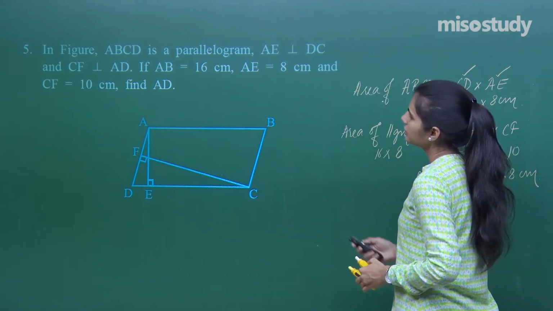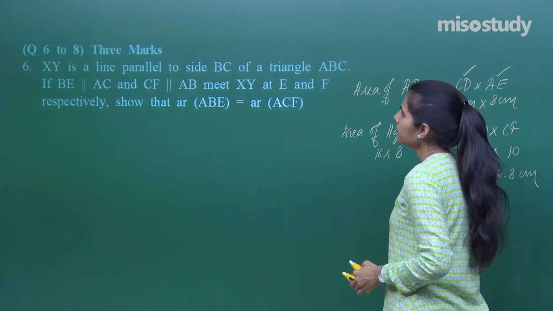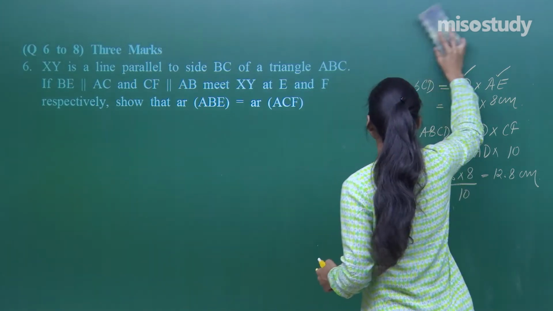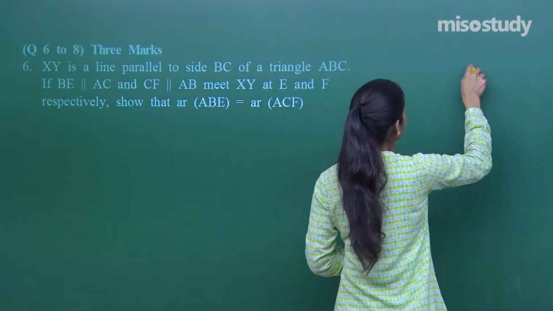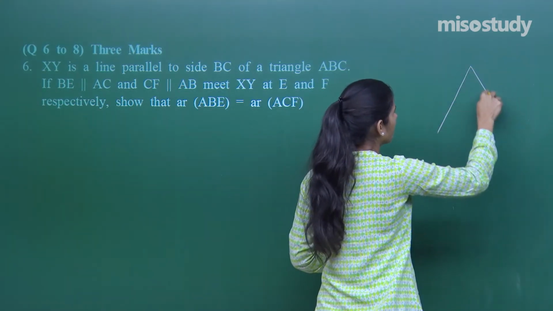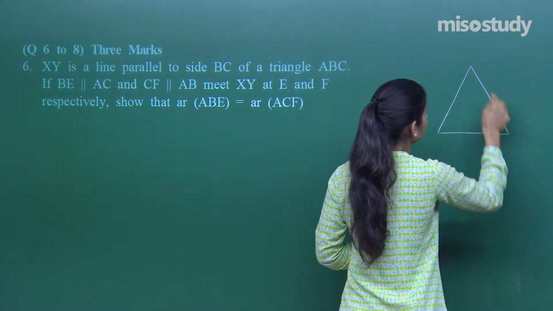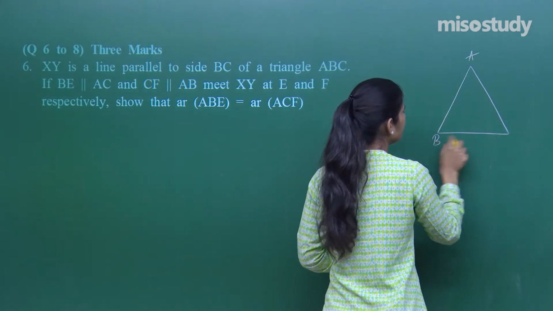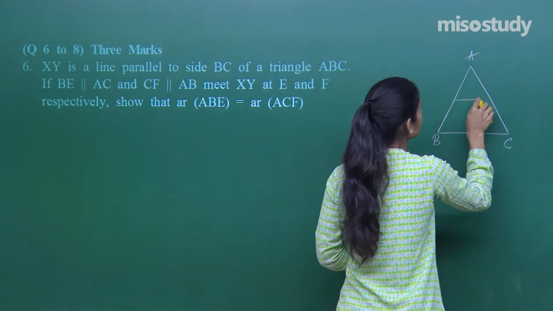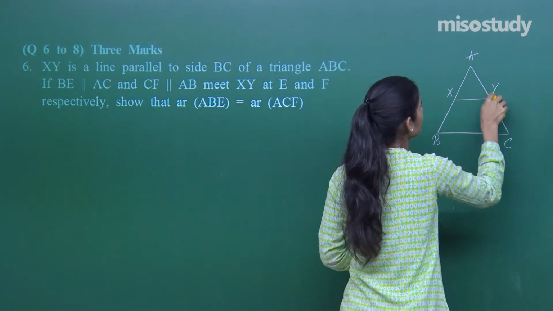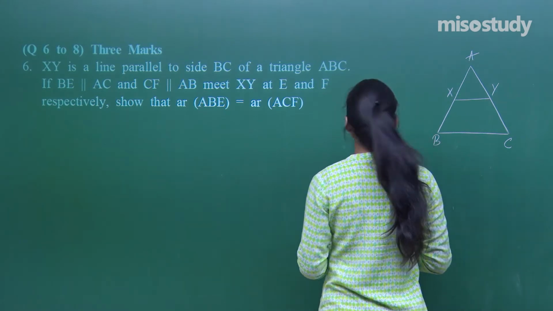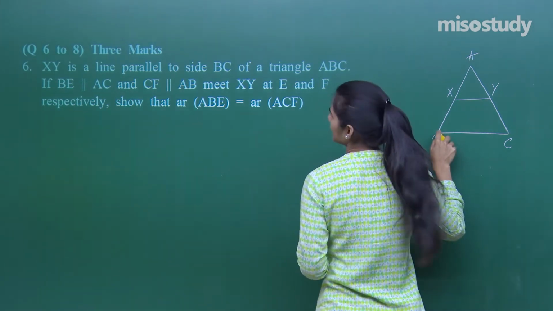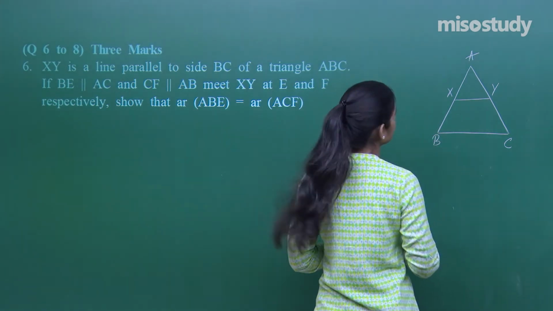Next I have XY is a line parallel to the side BC of a triangle. Let's try to draw. I have a triangle ABC. This is A, this is B, this is C. It's saying XY is a line, this is X, this is Y, parallel to BC side of triangle ABC. Now it says BE is parallel to AC.